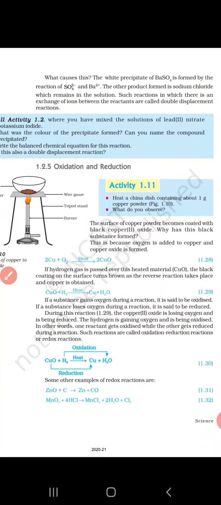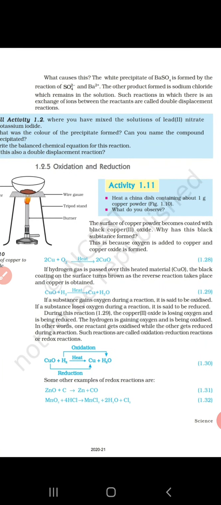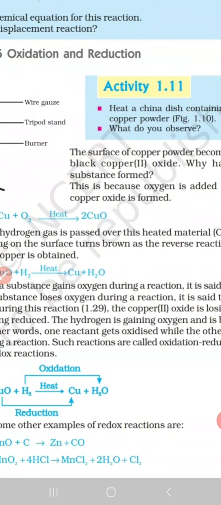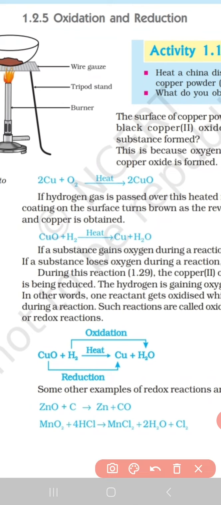Let's move to some more examples here. Zinc oxide treated with carbon, we will get zinc and carbon monoxide. Zinc oxide is reduced and carbon is oxidized here.